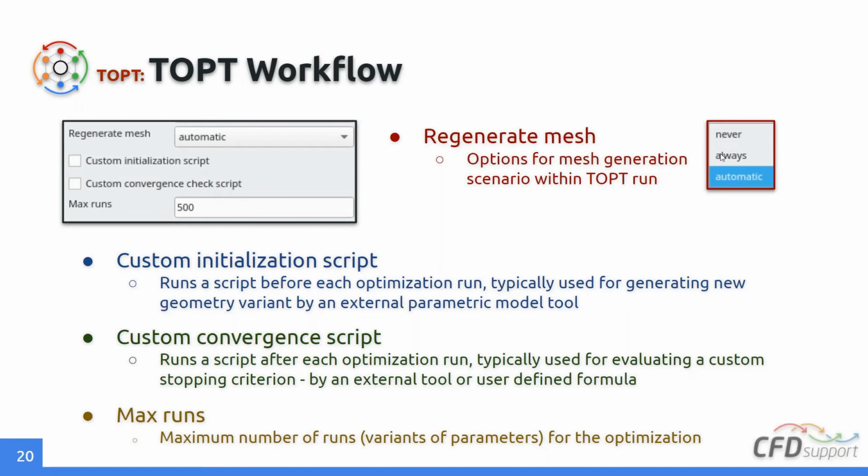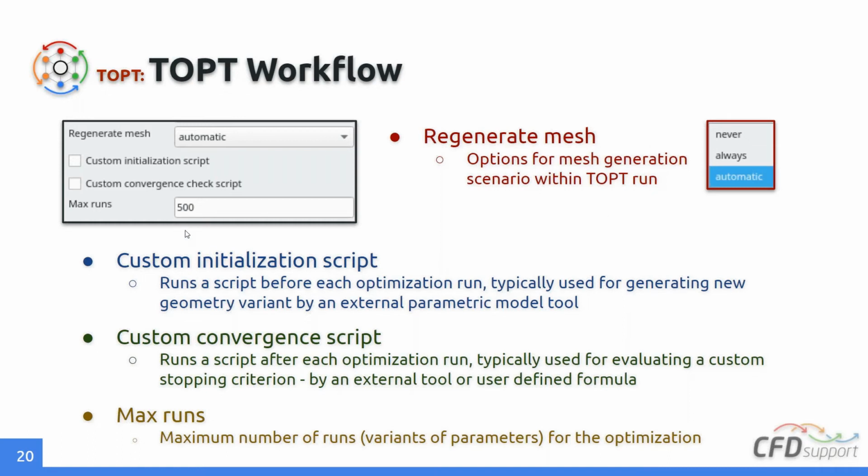There are three options. One is automatic, which should decide if mesh regeneration is necessary. But for some scenarios, this automatic tool cannot recognize if there is a need for mesh regeneration. So you can explicitly say, okay, always regenerate the mesh, or never, if you are sure that is not needed.